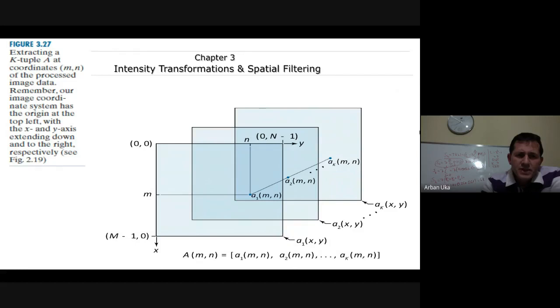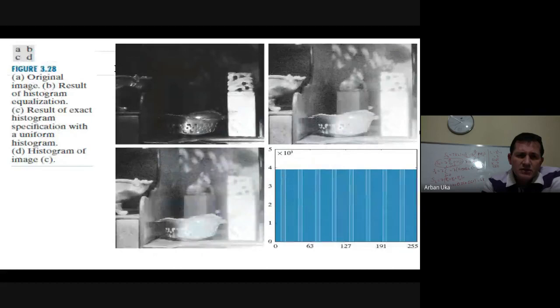Now, this is just something regarding the different coordinates in an image. Actually, the slide is not... let's see again. So this is an example again: the original image, which is image A, and image B, on the top right side, is when we use histogram equalization. Histogram equalization is something where we have an equal probability everywhere.